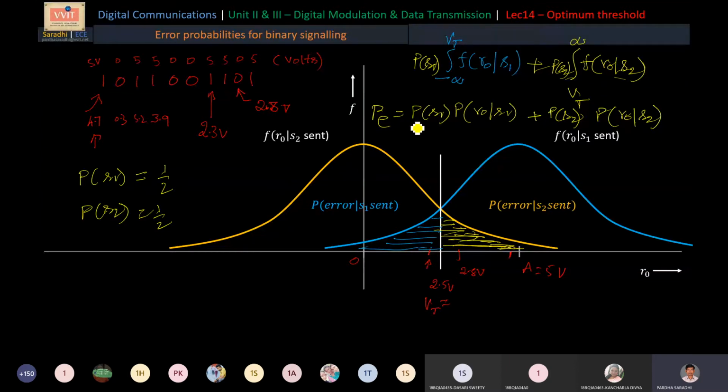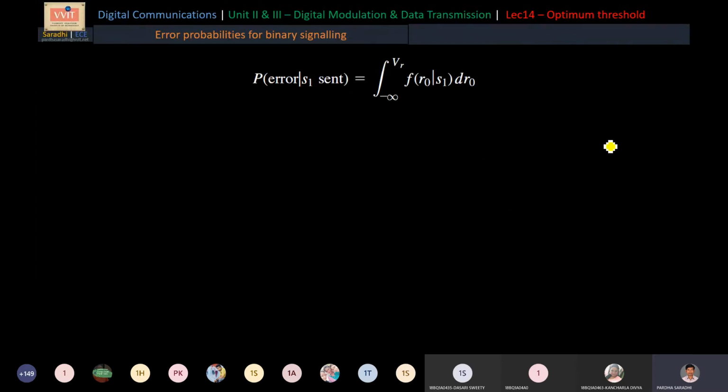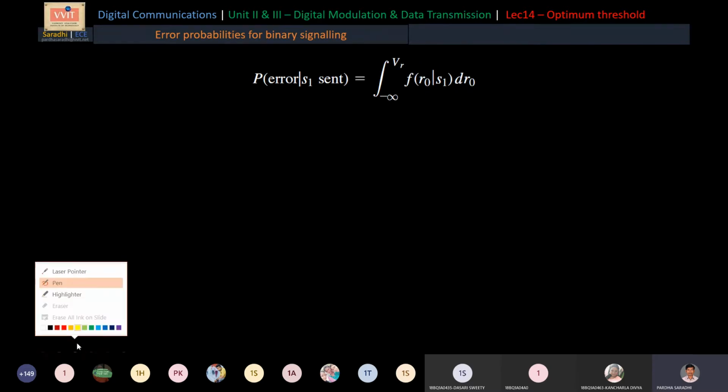And this is very helpful. To understand this, we need the total probability formula. Just now we have seen in the previous slide that the total probability is equal to the sum of the products of prior probabilities and the conditional probability values. Let us understand them in this context. The probability of error given S1 is this. You know why the limits are like this; I have just explained.